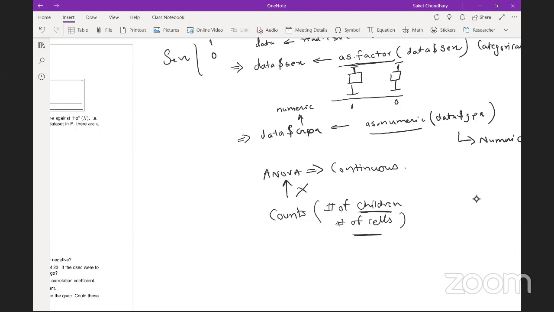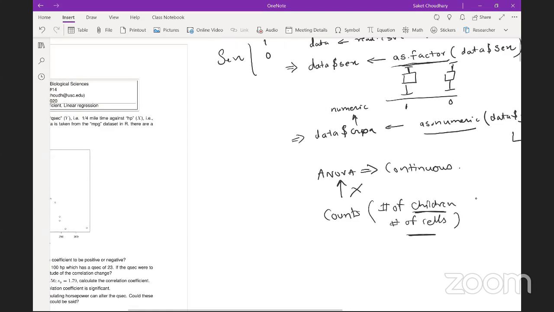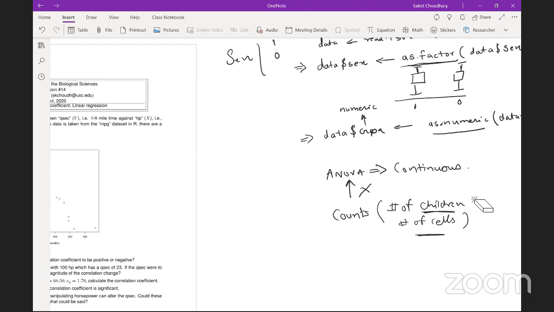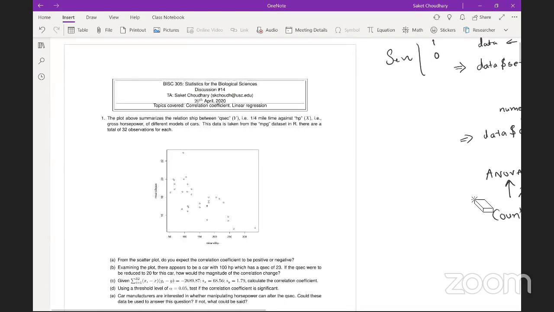The assumptions about continuity and normality are not satisfied for discrete data. So if you're choosing count data for ANOVA, choose a different variable. You can still run ANOVA on it, but the results are not going to be trustworthy. So that's the other thing you need to be aware of.